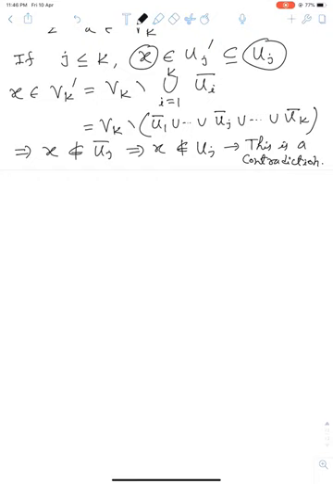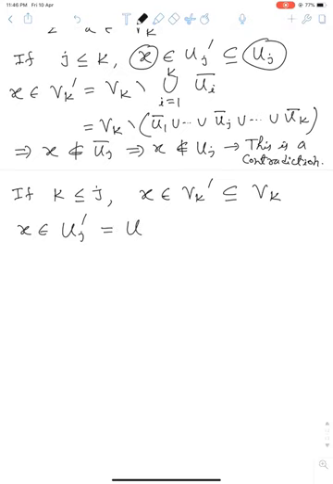Okay, so we can do this one again. Now if k is less than or equal to j, we get the contradiction the other way, that is x belongs to Vk dash, which is a subset of Vk, right? That means x belongs to Vk. Again, given that x belongs to Uj dash, which is Uj minus the union of i equal to 1 to j Vi closure, right?